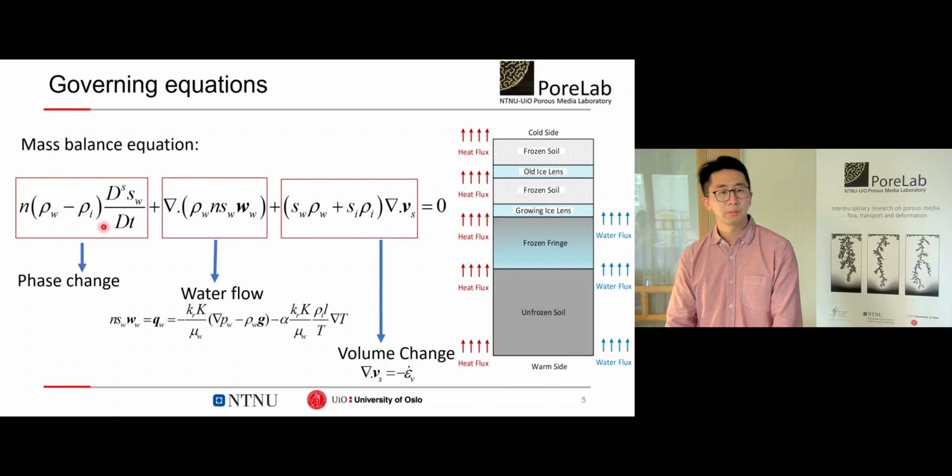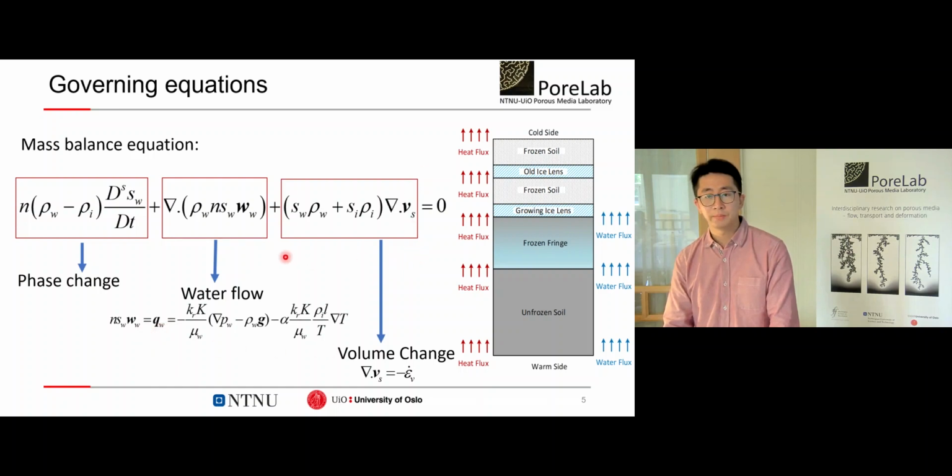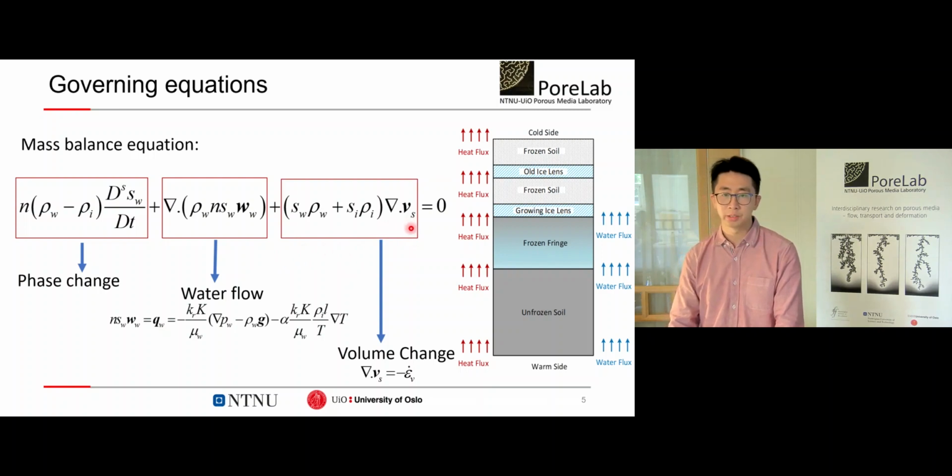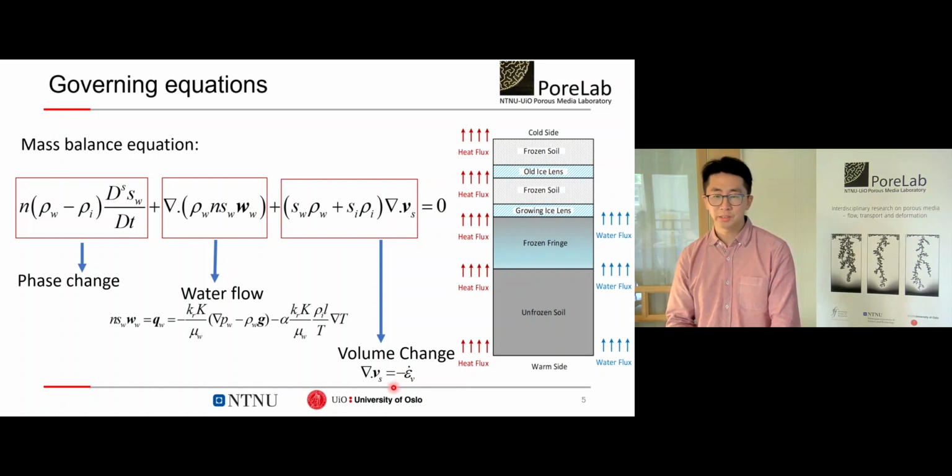The first term is the mass transfer due to the phase change, and the second term is for water flow. And here we can get this Q_w by this equation, and the last term is for volume change, and we can calculate this delta V_s by using the soil skeleton's volumetric strain rate.